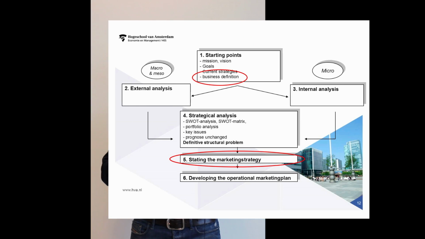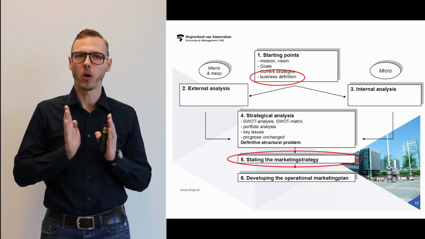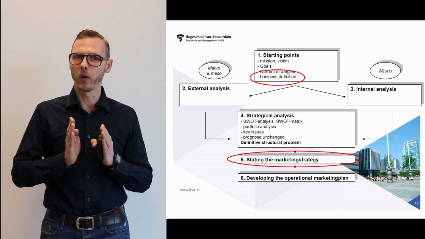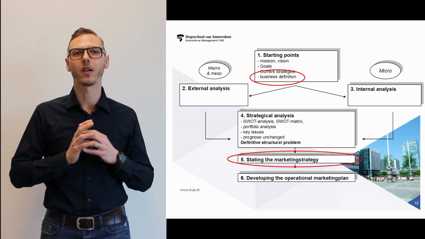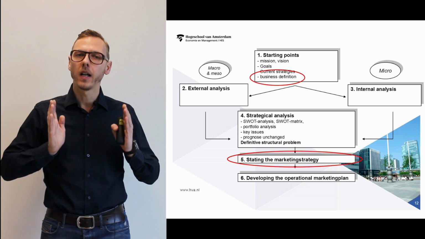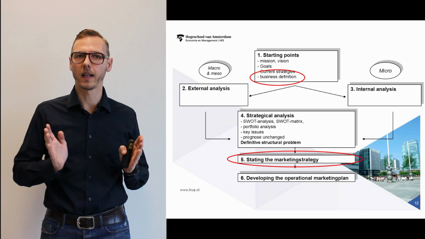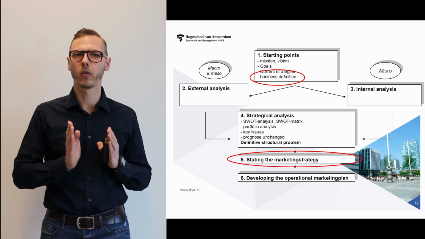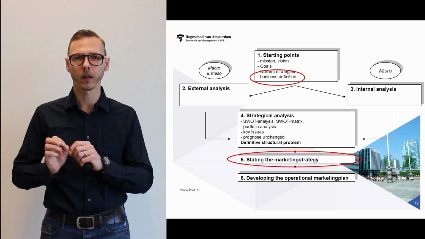You could also do something else. You can also narrow your scope. This is called the focus strategy via the axis of the generic competitive strategies of Porter. A focus strategy could be a decision because you found out in your meso analysis that certain customer groups are not interesting for you anymore.